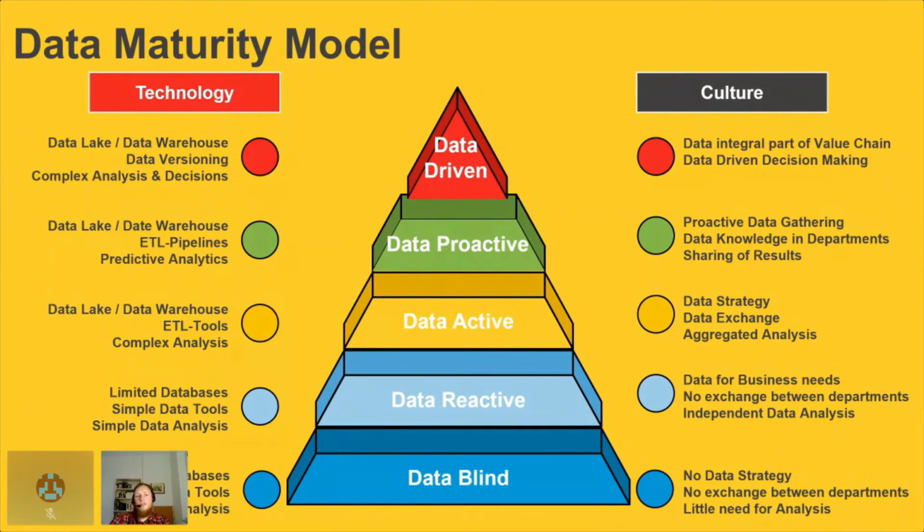The top of this model is called data-driven organizations or teams. It's described on a technology level by still having data lakes or data warehouses, but there's also a very strong need for data versioning.